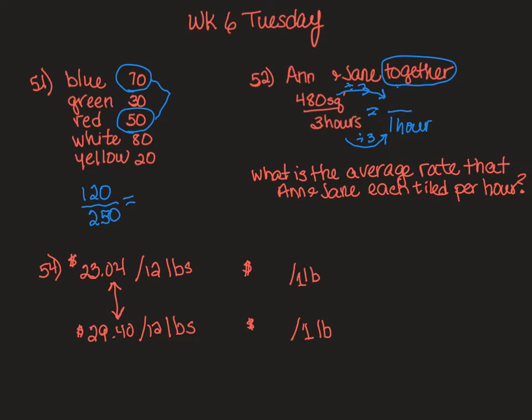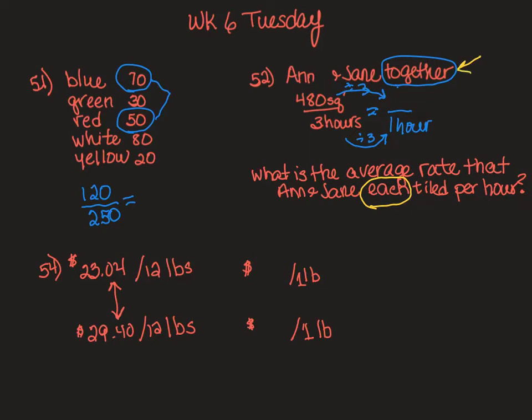Now, before you choose your answer, go to the question where it says what you need to do. That question says, what is the average rate that Anne and Jane each, not together, notice the difference here. In this first one, it said, here's what their rate was together.